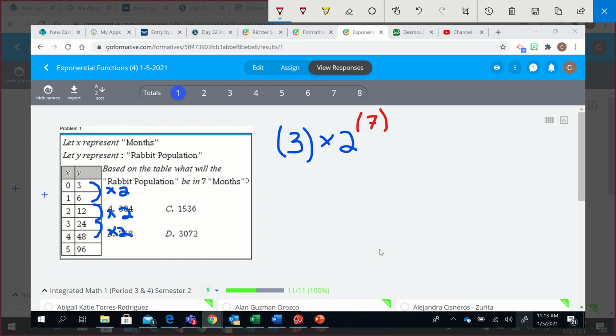We start at 3, so this is our starting point. This is where we start. This is the change. This is how we're changing.